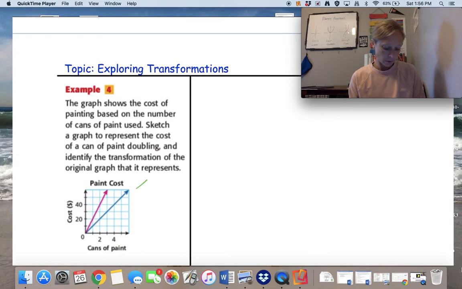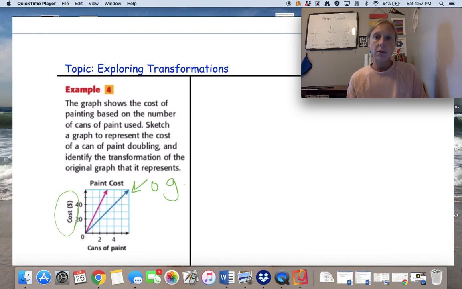So this is the original one. We do have the sketch there, but let's look at how we got that. It says that the cost of the can of paint is going to double. What does double mean? Multiply by 2. And it's the cost that's getting multiplied by 2. Notice the cost is on the y-axis.